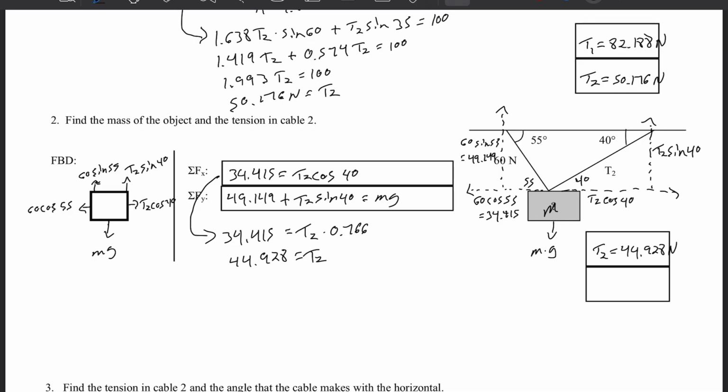Now I can put that into my second equation and solve for m. My second equation: 49.149 plus T2, which is 44.928, sine of 40 is equal to mg. And don't forget, g is 10. Put 44.928 sine of 40 into my calculator, and then add it to 49.149.